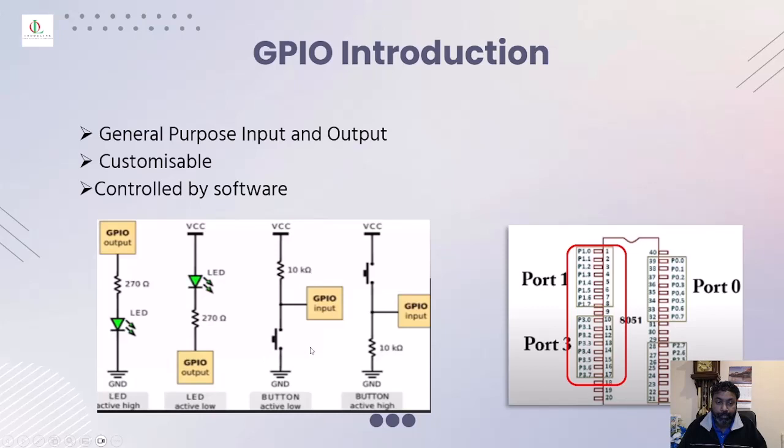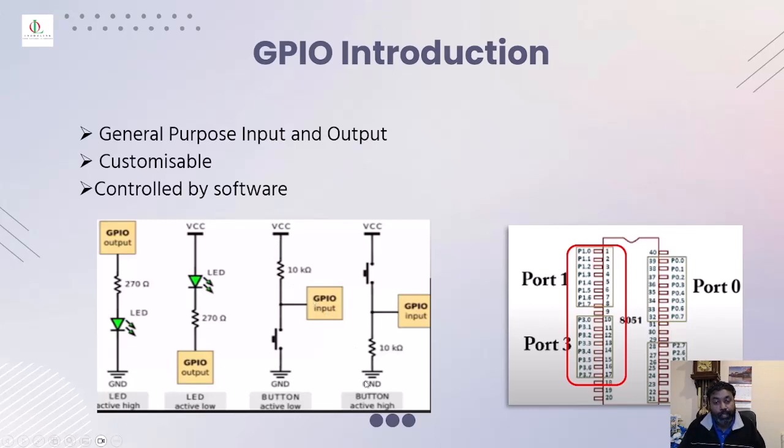Also take this example. If a button, or a switch, is connected to the ground, then it is considered as an active low because when it's open, no voltage flows through, and the GPIO input gets a VCC value.